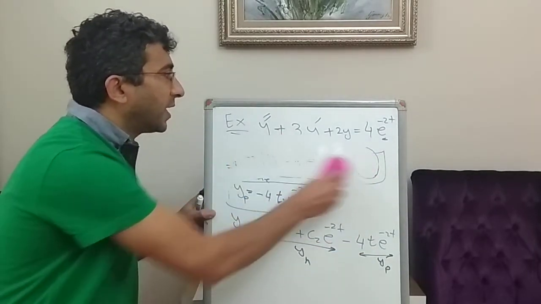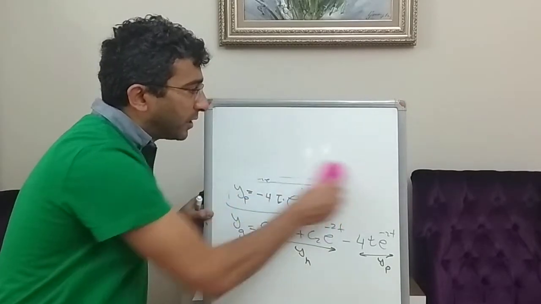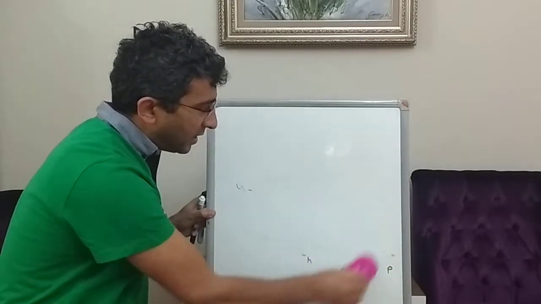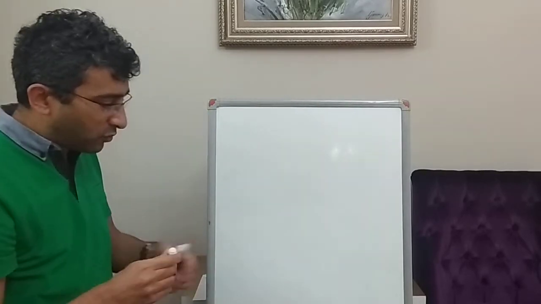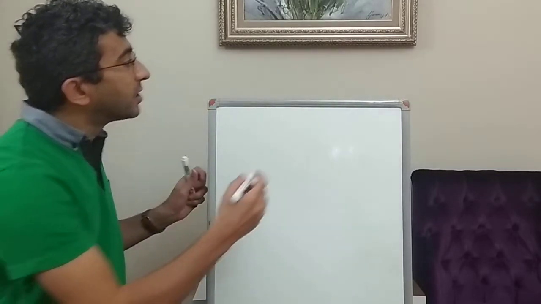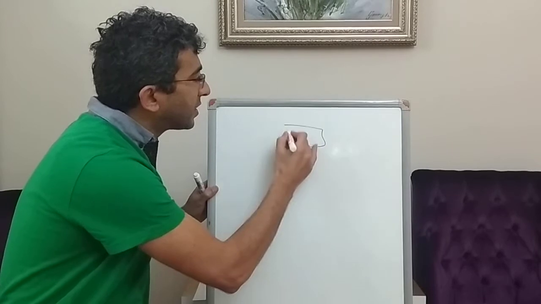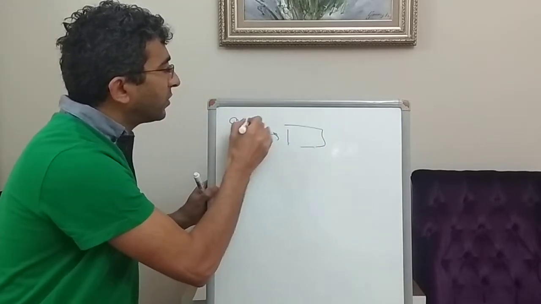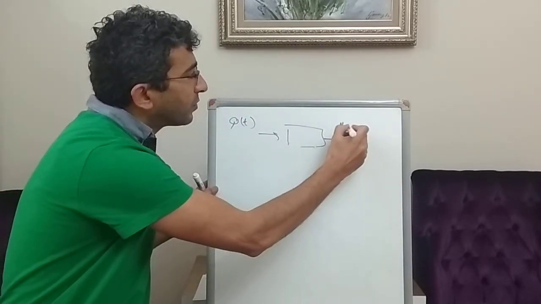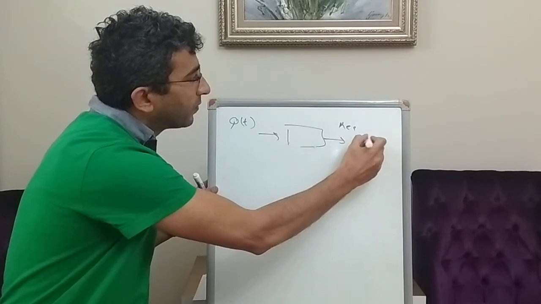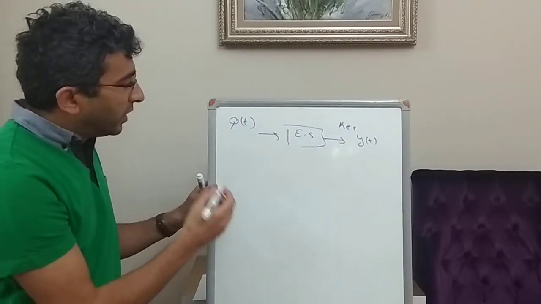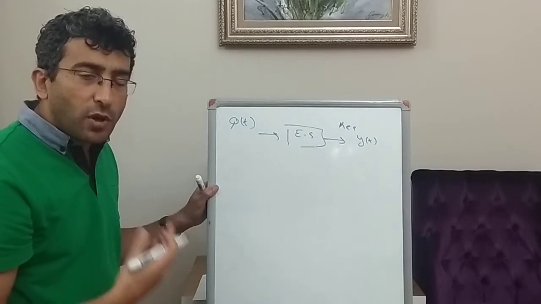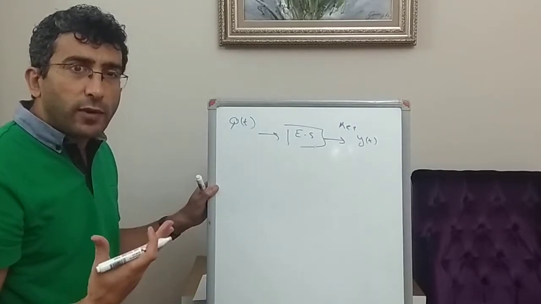Okay, so the last, I will not give more examples, but I will give you an idea. Next video I will give more examples, but for now I just want to say something. So we say this is the system, this is the acting function q of t, and this is the response y. Okay, so this is your engineering system. The undetermined coefficient method works only with the following functions.